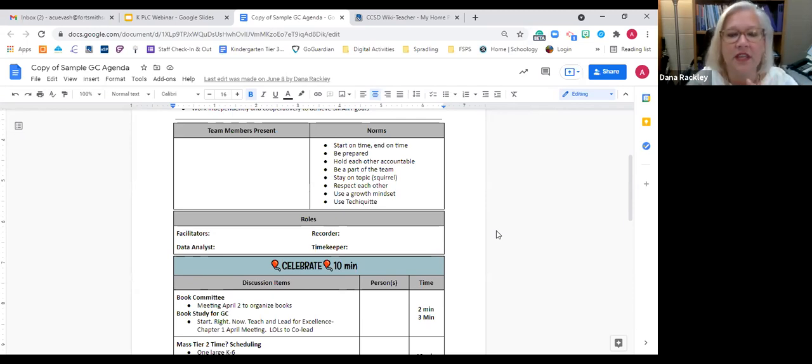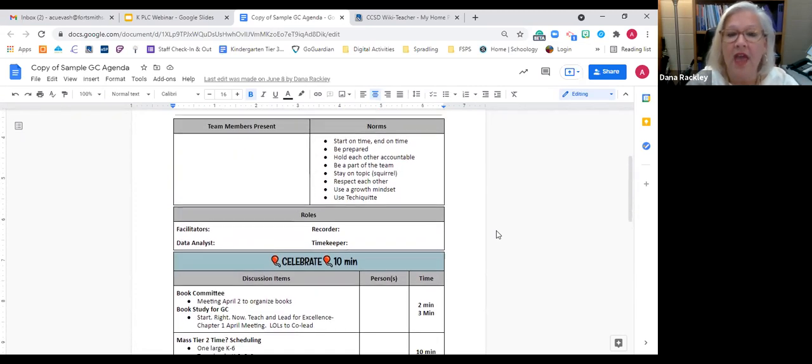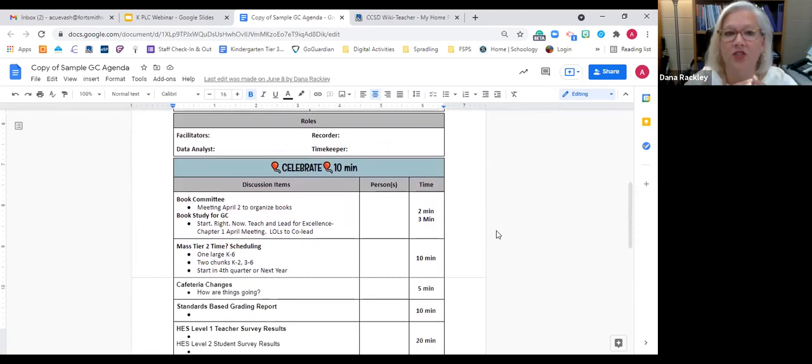You can also see on the agenda, we have who is present, and then we have our roles. Everyone has a role or a job to do during the meeting. We have the facilitators, so whoever is facilitating, whoever is leading the meeting that day. We have a recorder. We have all of our notes from the Guiding Coalition meeting that are entered in this agenda. They're typed in there.